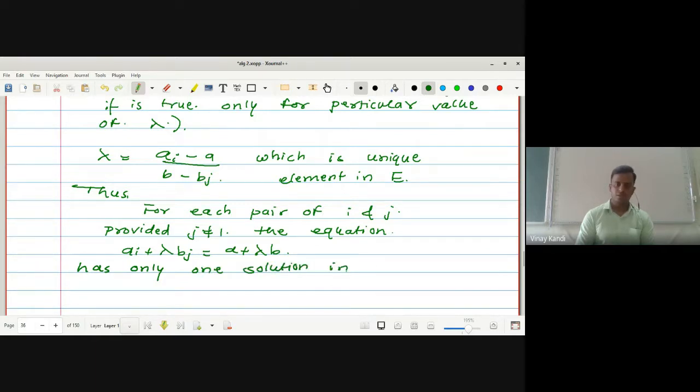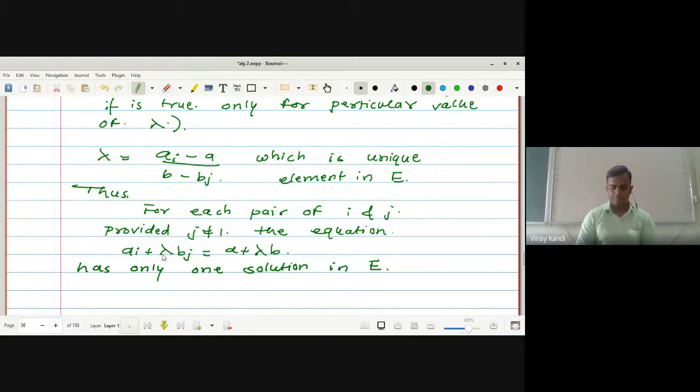Any doubt? Thus, for each pair of i and j, provided j is not equal to 1, that is i running from 1 to m and j running from 2 to n, we get only one lambda for each pair. Okay.